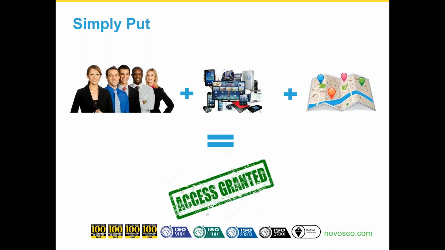So that might be, for example, that a user, the CIO, CEO, CFO of a company, with the corporately owned device, which has got a certificate on it, has got BitLocker enabled on it, all that sort of stuff, coming from a known location, the corporate LAN, the corporate Wi-Fi, one of our known offices, gets access to certain parts of our network.